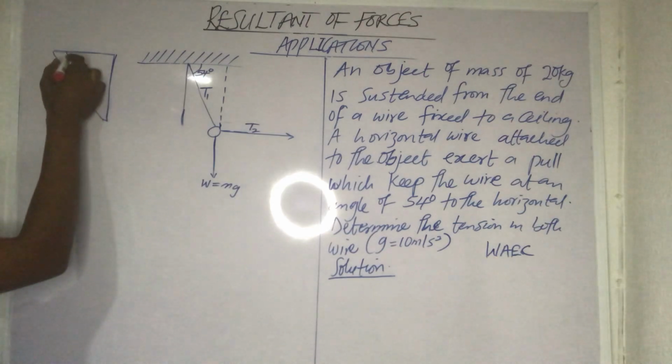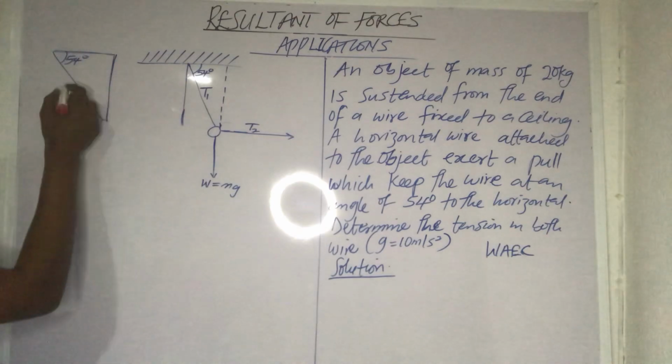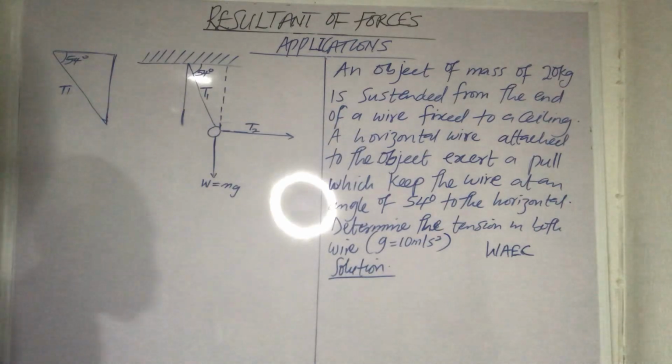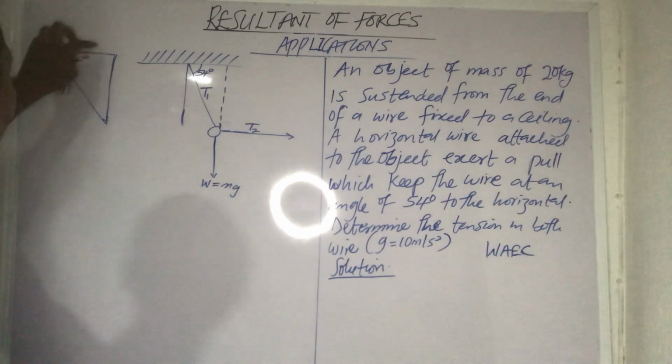This place is the 54 degree. This is T1. So that's the diagram. Then in that case, how will I get here? How will I get here?